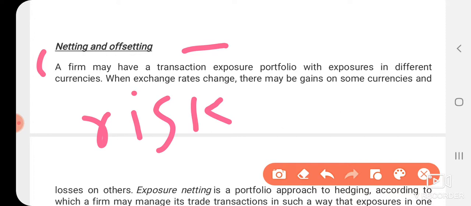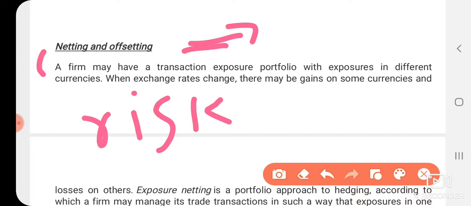When we make payments to such countries, automatically there may arise a risk of exchange rate changes. Such risk is what we call exposure. Transaction exposure is an exposure that arises when the firm's contractual obligations or monetary assets and liabilities are exposed to unanticipated changes in exchange rates.